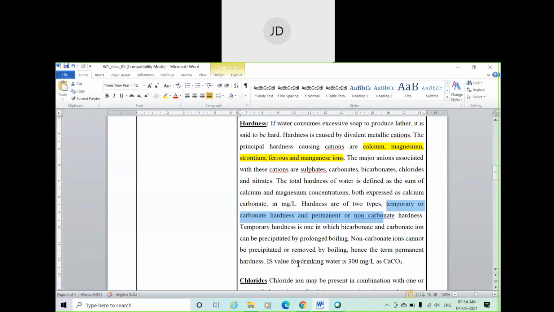Even the Indian Standard has provided some ranges for hardness. The highest value for drinking water is 300 milligram per liter as CaCO3.